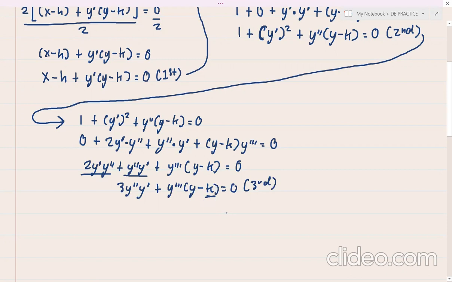For me, the method I will use is the substitution method. If you recall, this substitution method is one of the methods used in solving a system of equations.